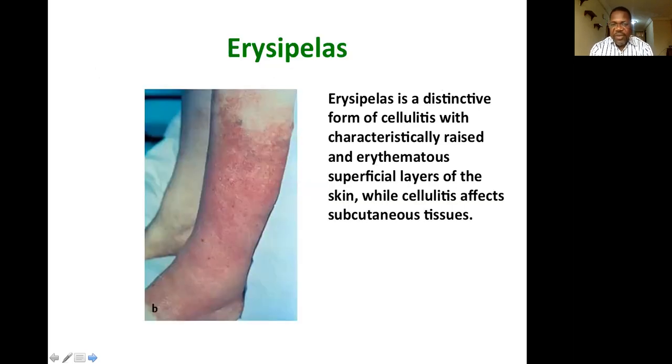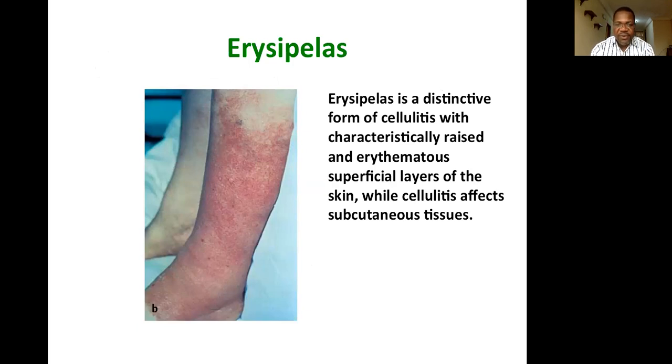This is erysipelas. Erysipelas is a distinctive form of cellulitis with characteristically raised and erythematous superficial layers of the skin. In contrast, cellulitis progresses toward affecting subcutaneous tissue, but erysipelas is much more superficial.